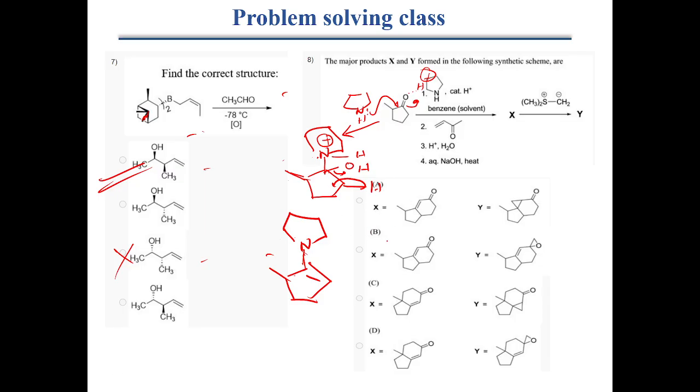Now this enamine, in presence of alpha beta unsaturated ketone, undergoes a Michael reaction, giving this iminium species.